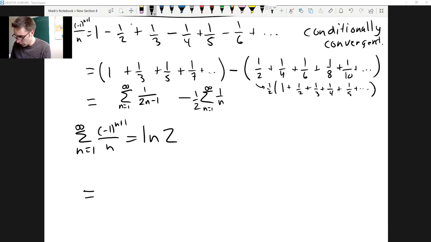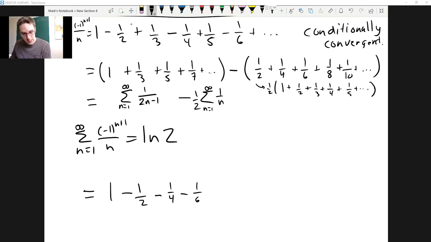So let's look at this. I'm going to just write all the terms in the sum in a different order. I'm going to start with 1, and then I'm going to subtract even-denominator terms until I get something that's negative. Okay, so I'll subtract a half. Well, now I'm still at positive 1/2. I'll subtract a quarter. And then I'll subtract a sixth.